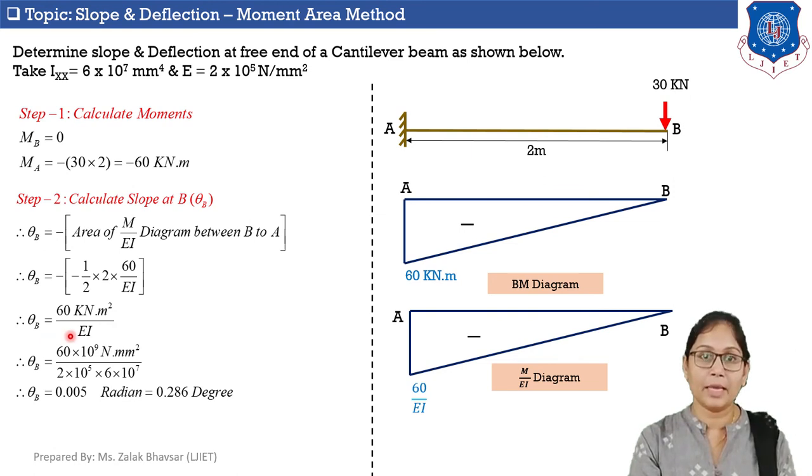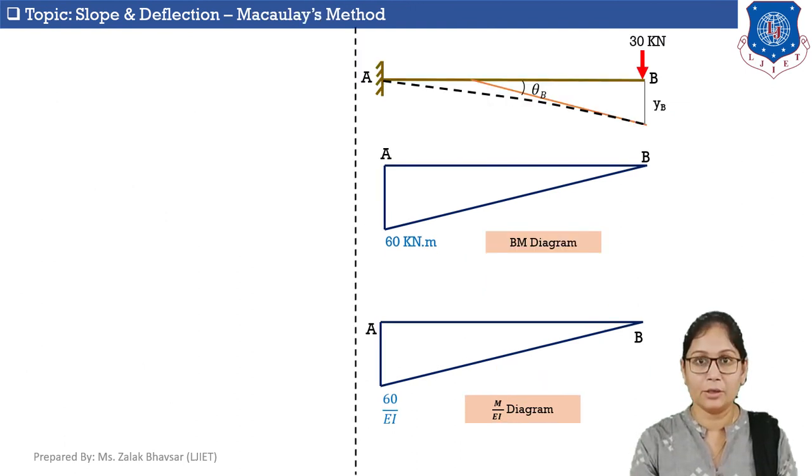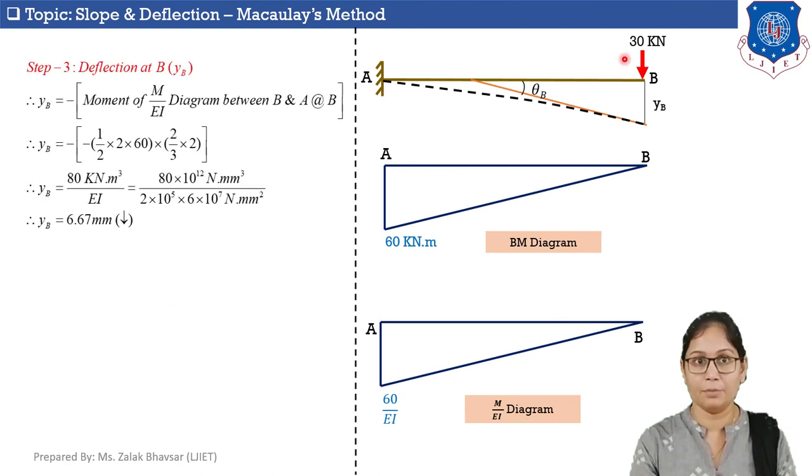Now the value of E, which is given data, is 2 into 10 raised to 5 Newton per mm square, and the value of I is 6 into 10 raised to 7. So I am getting the value of theta B as 0.005 radian, and in degree it is 0.286.